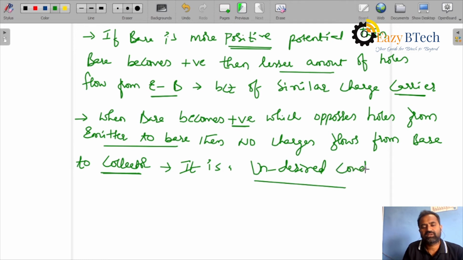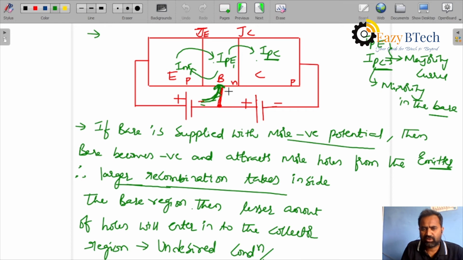Now you can see here, if you supply more positive, then it becomes all positive. Whatever charges are coming here, it opposes them, and there is no movement between emitter and collector. No charge flow. That is not a transistor action.